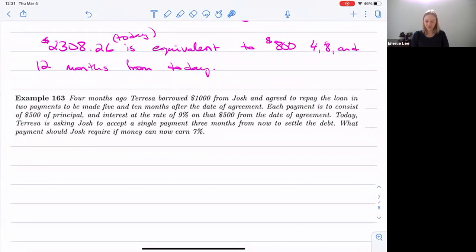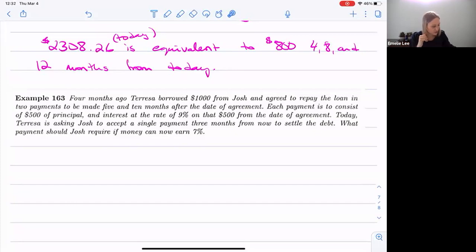Now we're kind of getting into the thick of things. Because there's going to be a lot, this is a big question, right? And so what you want to do is kind of tease it apart and find points on your timeline, draw your timeline, figure out your plan of action on your timeline. And then once your timeline is done, most of the work is already done, right? Then you just do calculations.